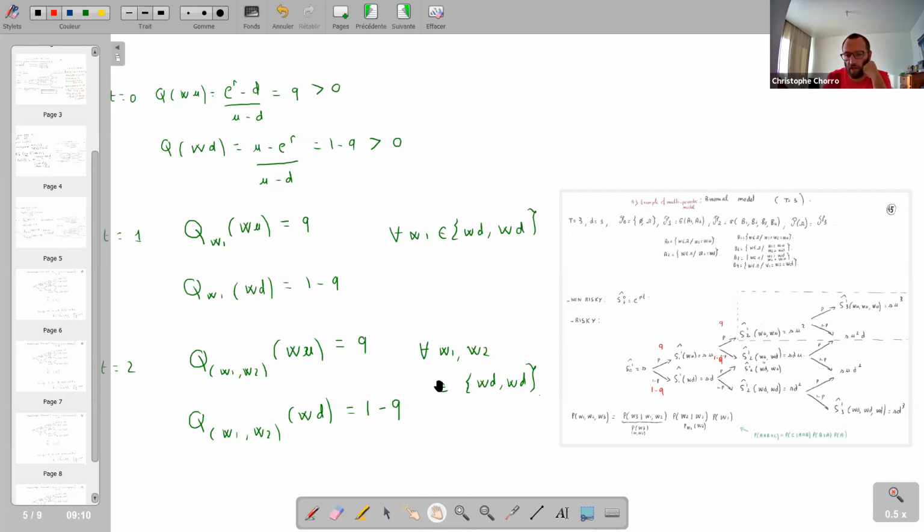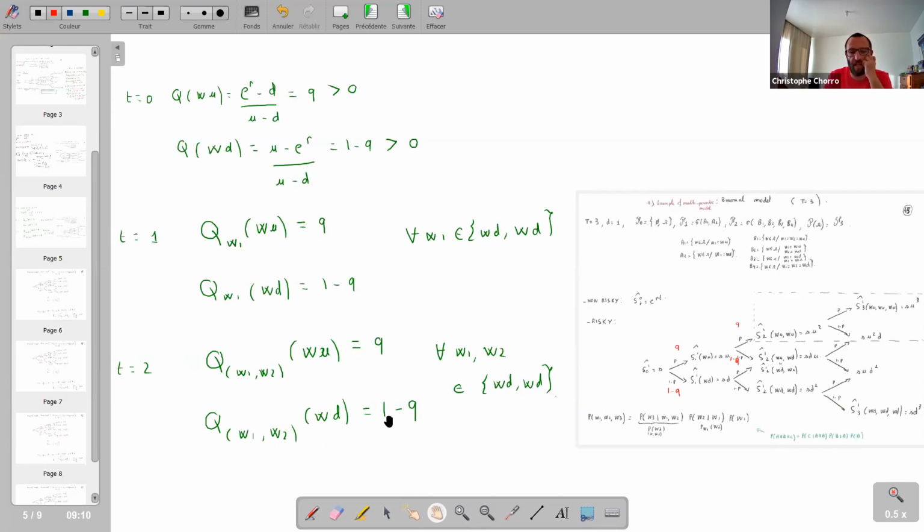So here, all these q are equal. All the possibilities give rise to the same q because all the characteristics of my models are the same. If I change these characteristics, of course, I will obtain different quantities, but the principle is exactly the same. I repeat that it's just to lighten the notation.